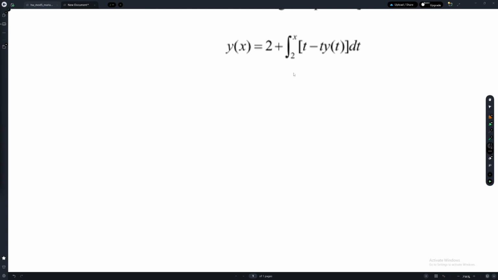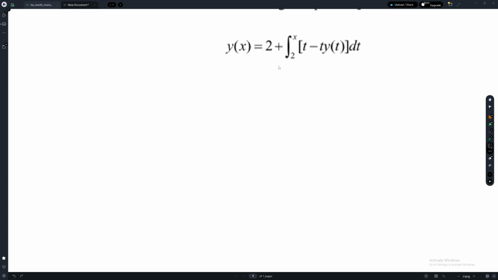I have y of x equals 2 plus an integral that has bounds of x, but is in terms of t. If you remember the simple concept that if I multiply this by 2, I multiply everything else by 2, you can do the same thing with differentials or derivatives. And you're like, okay, why are you deriving this? How do I get rid of this integral?